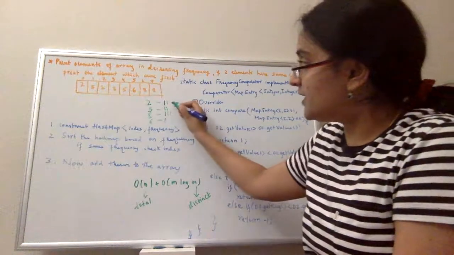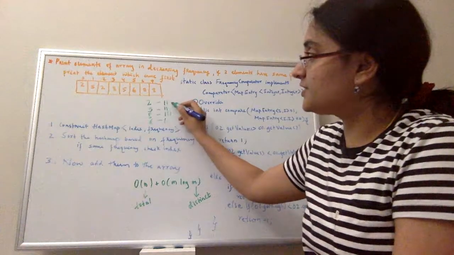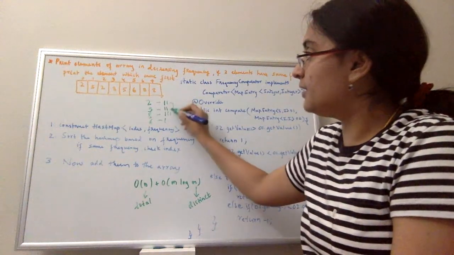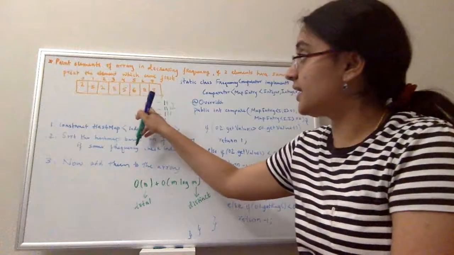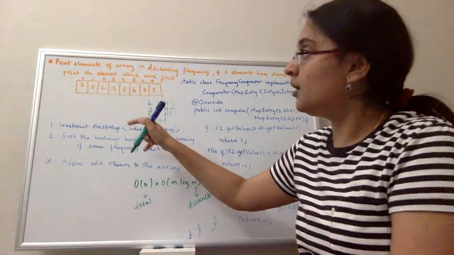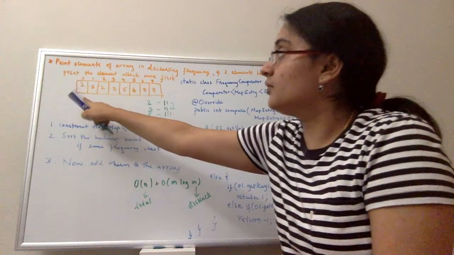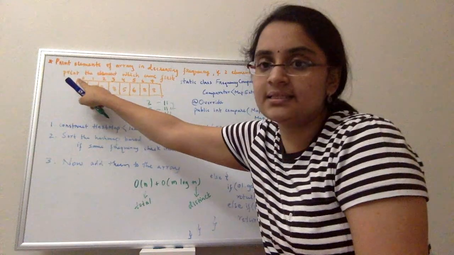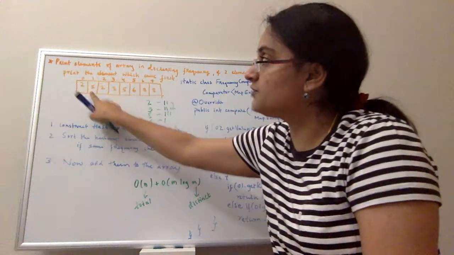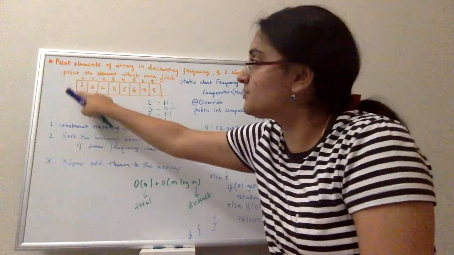So if you see here, 2 and 5 have the same frequency, but at the time of printing, we have to print 2 first and then 5, because if you see the array, 2 has the least index compared to 5. 0 is less than 1, so 2 comes first.